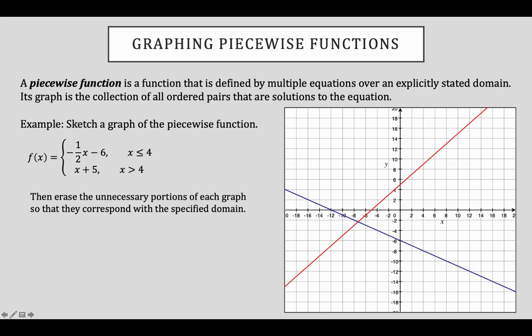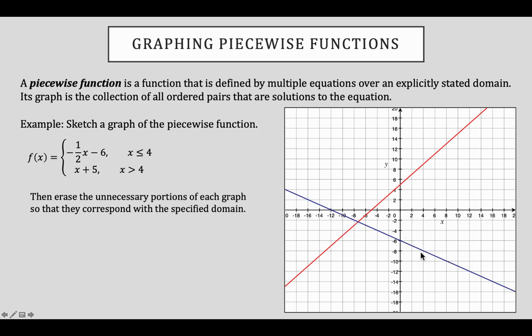Notice that for this first piece, our blue line, negative 1/2 x minus 6, we are only talking about x values that are less than or equal to 4. So here is x equals 4. That means everything to the left of that on that blue line is negative 1/2 x minus 6.